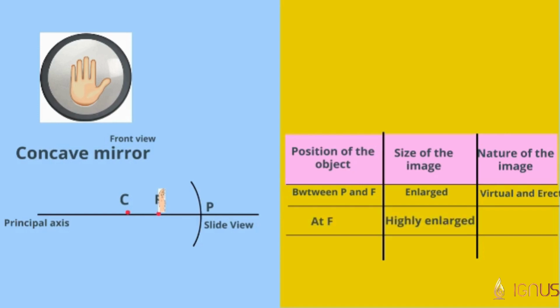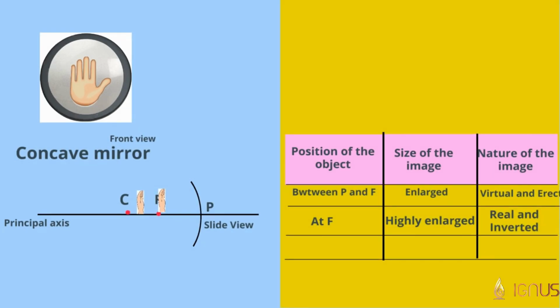We say that when the object is at the principal focus, the image is highly enlarged. Is it a real or a virtual image? It's a real image. Since it's a real image, it's upside down, or we use another word for it, which is inverted. It is formed on the same side of the mirror as the object is. And believe it or not, the image is actually formed infinitely far away.